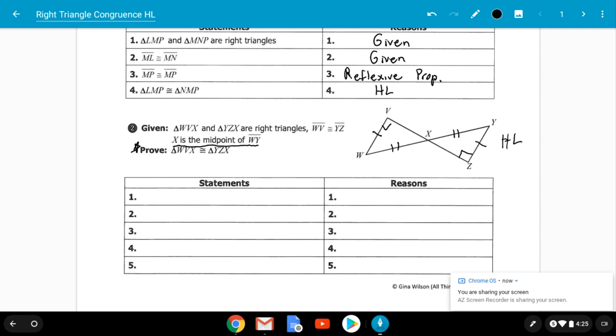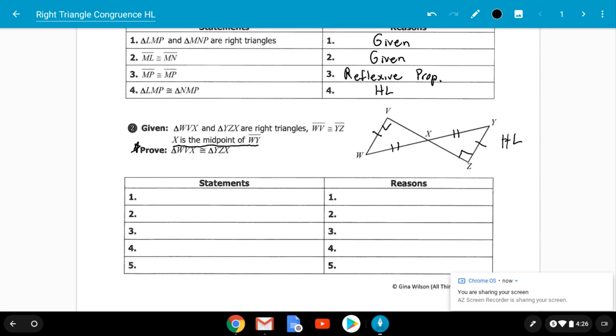So notice how it gave us 5 lines here to do our proof. Do we really need 5 lines? No, I could probably do this problem in 3 lines here. But sometimes, depending on what you're reading, the given portion, you notice how there's really 2 of them here. That's going to go for 2 of the problems here. All right.